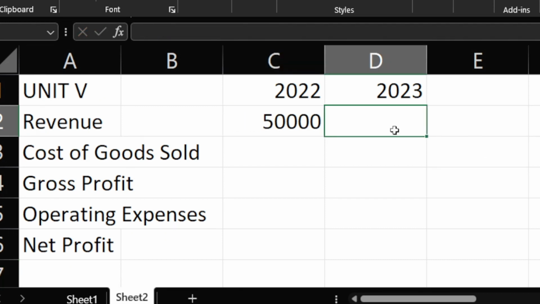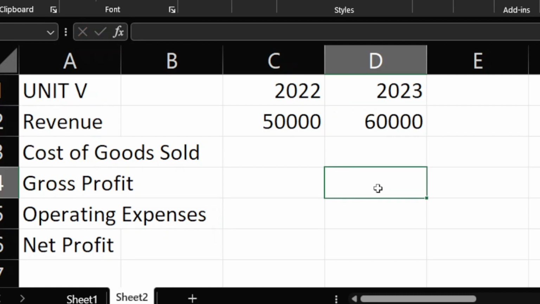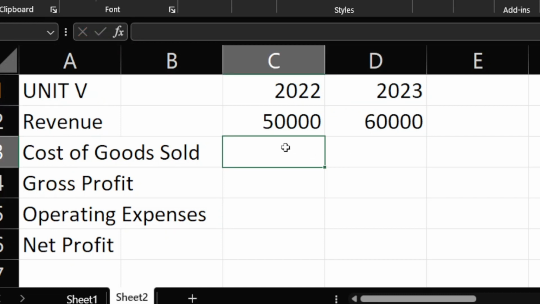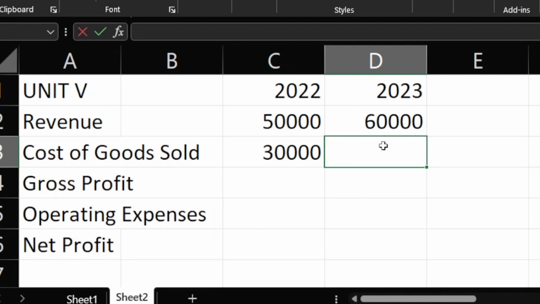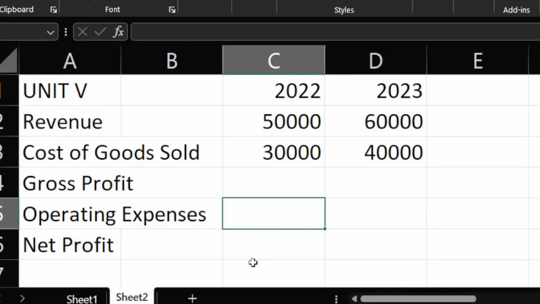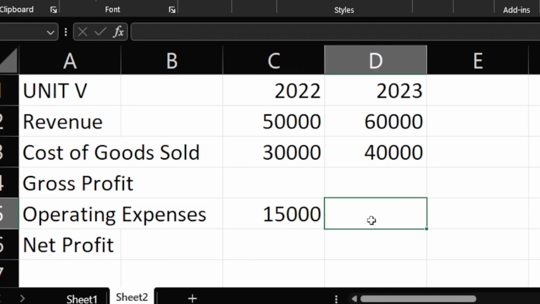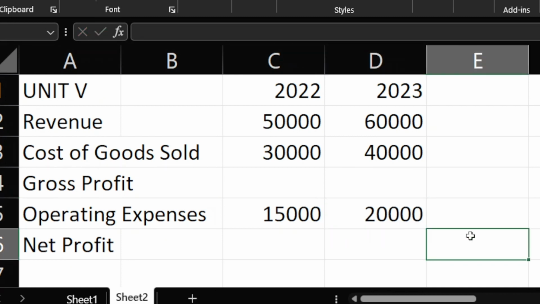We are taking very simple figures for your better understanding, and in another year it is 60,000. For instance, cost of goods sold for this year is 30,000 and it is 40,000. And operating expenses they incurred this year 15,000 and this year 20,000. These figures are available in any books of accounts.